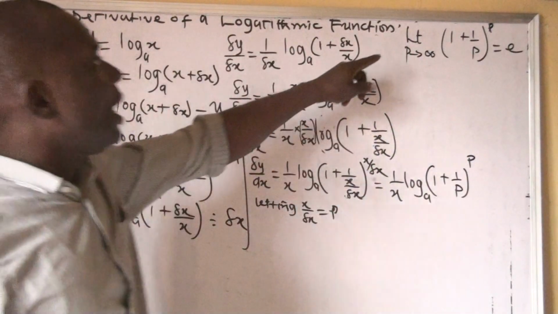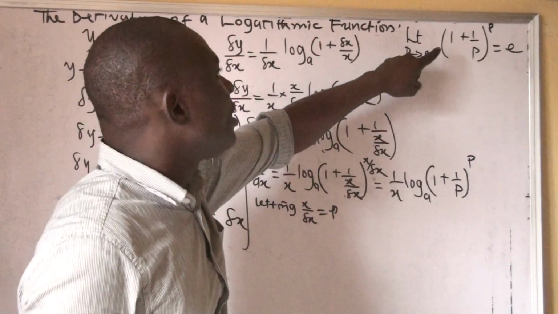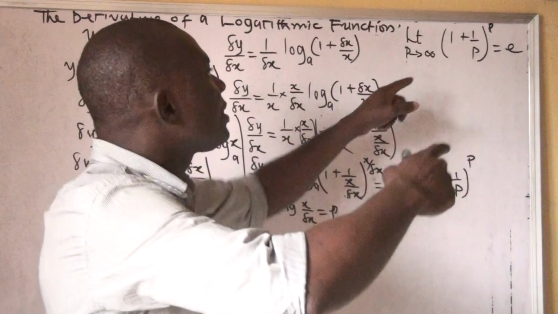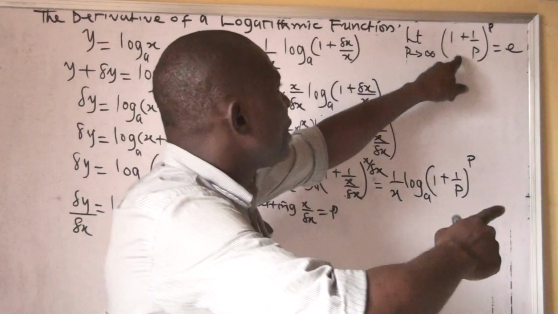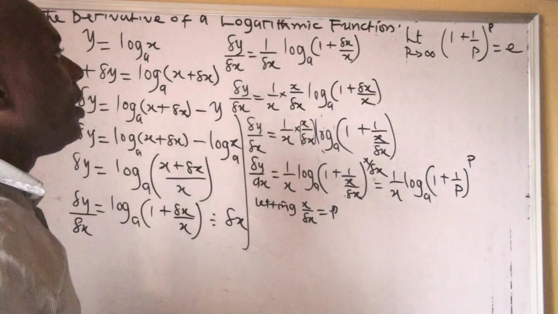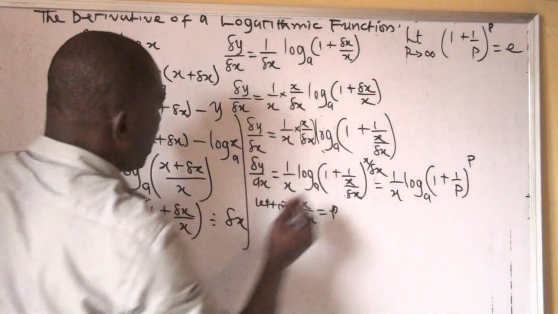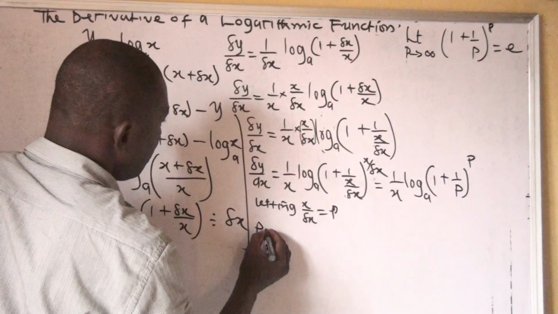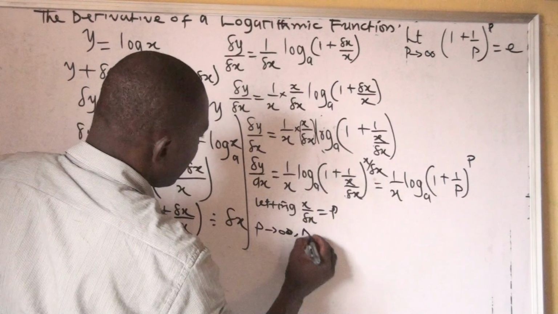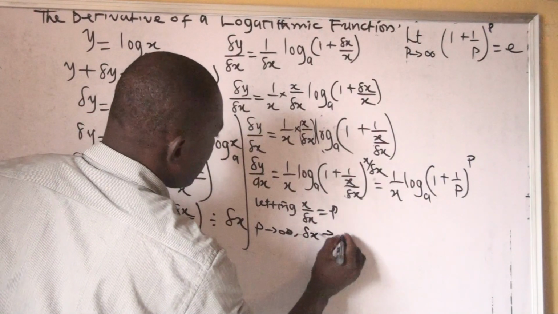But we said that as p tends to infinity, as p continues to increase, the value of this expression stabilizes to what? e, which is Euler's number. It simply means that as p tends to infinity, delta x also tends to 0.